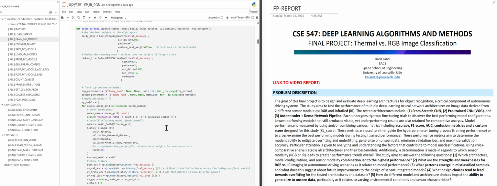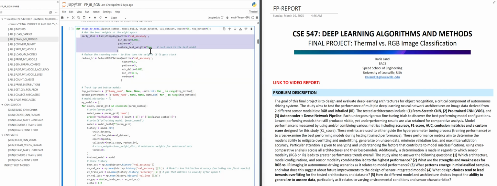Let's see. I added an early stopping condition, so that if there's no improvement after seven epochs, then it'll terminate the epochs and end early and not waste a bunch of time with non-improvement. And then if after 3 epochs there's no improvement, then it'll reduce the learning rate.